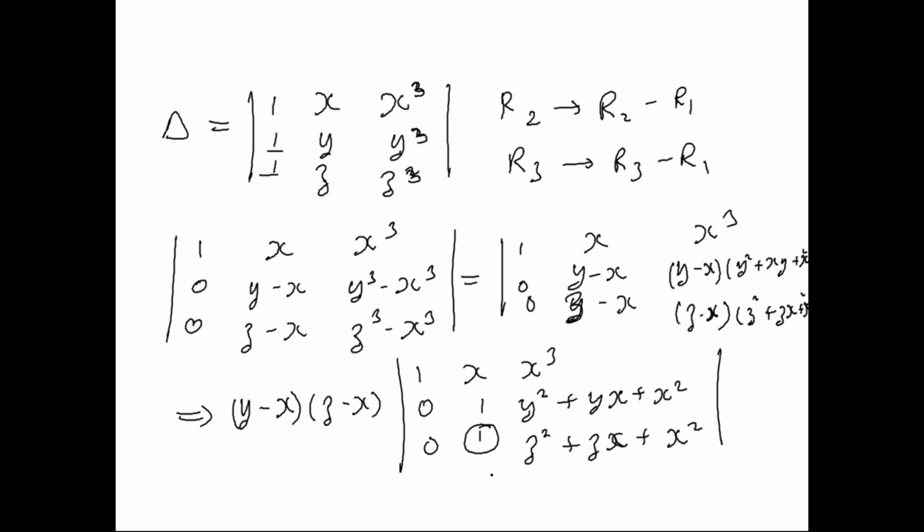Now again, what I can do is R3 affected, R3 minus R2. What will it become? This will become y minus x into z minus x into the matrix 1, 0, 0, 0, 1.